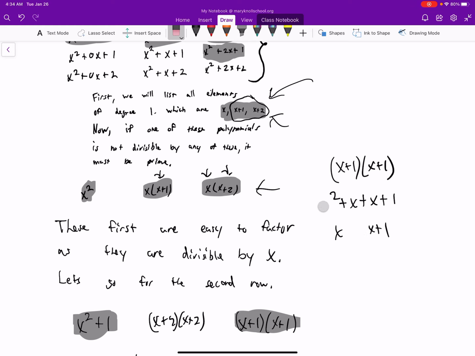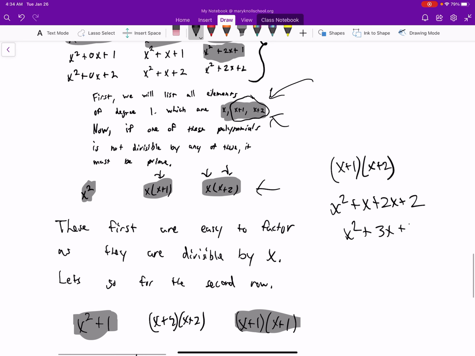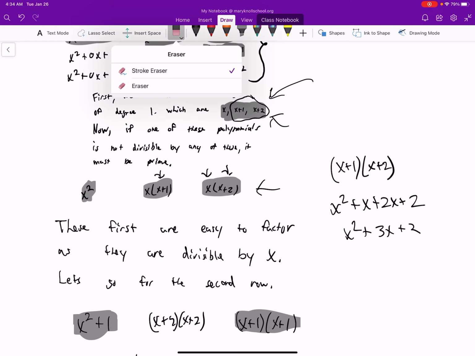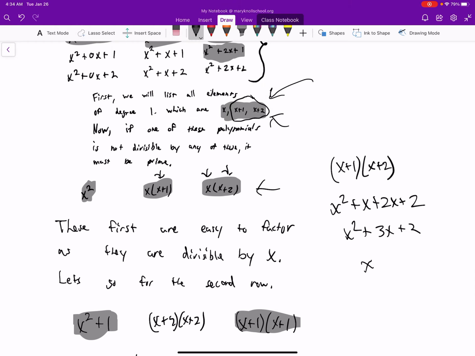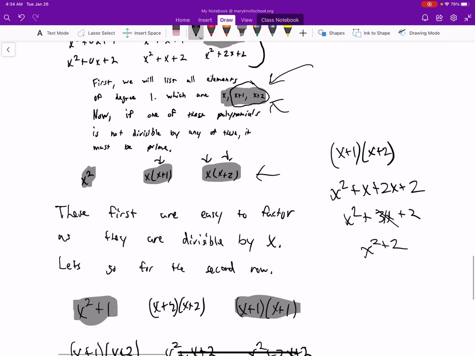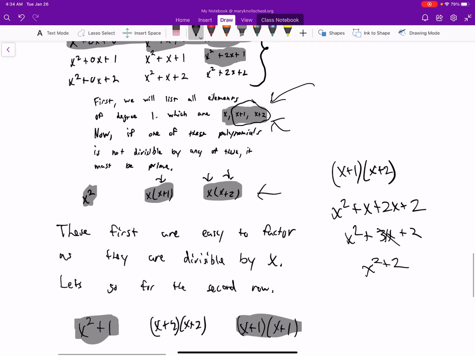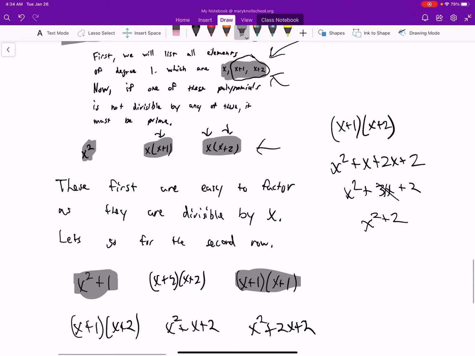Then we can say, well, let's do an x plus 1 and an x plus 2. Okay, so x squared plus x plus 2x plus 2. x squared plus 3x plus 2. And then actually that's an x squared plus 2, right? In Z3. So then we can go and look for that one. x squared plus 2, and sure enough, it's right here.